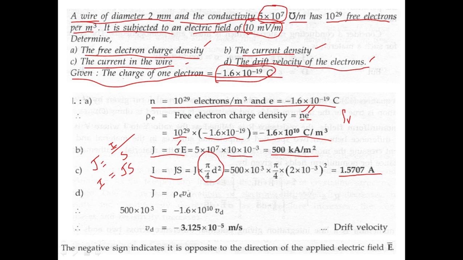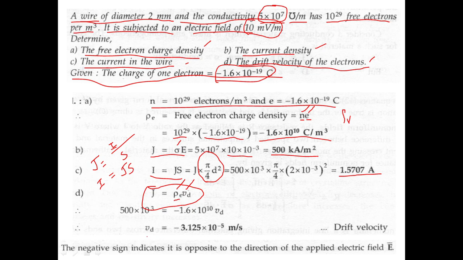Next, we have to calculate the drift velocity. This is the relation between charge density and drift velocity. We discussed this when we derived the equation for convection current. So J is equal to density into velocity. So drift velocity will be current density divided by the charge density.